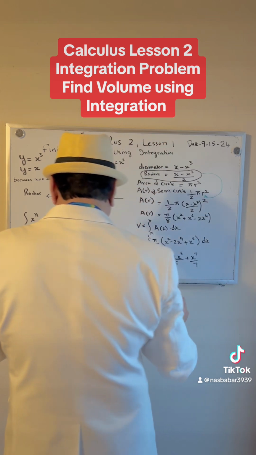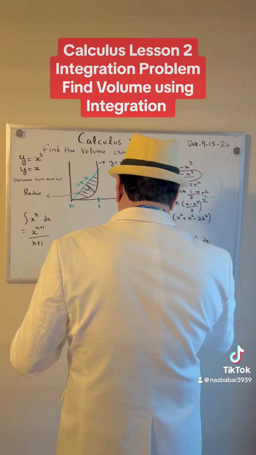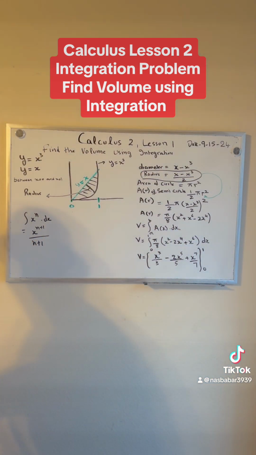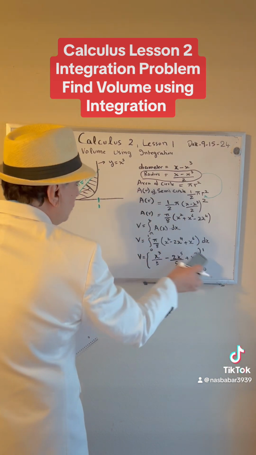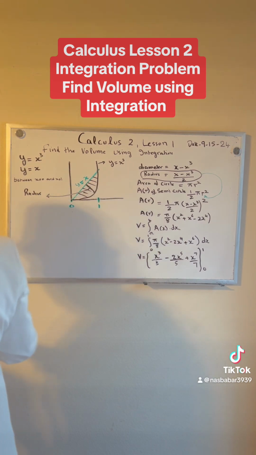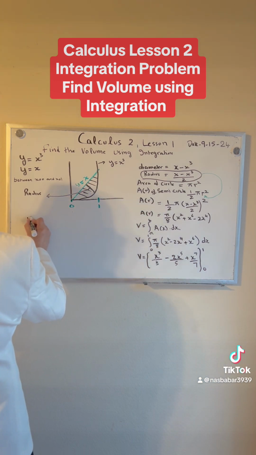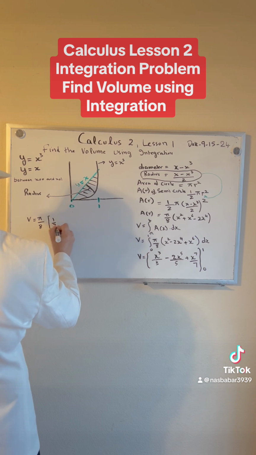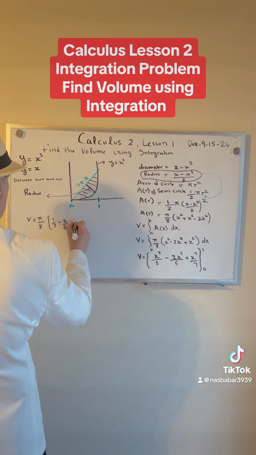And then what we have right here is we have to evaluate at x equals 0 and 1. So in other words, you plug in the value of 1 for x, minus, then you plug in the value of 0. Once we do that, we get V is equal to pi over 8 into 1 over 3 minus 2 over 5 plus 1 over 7.